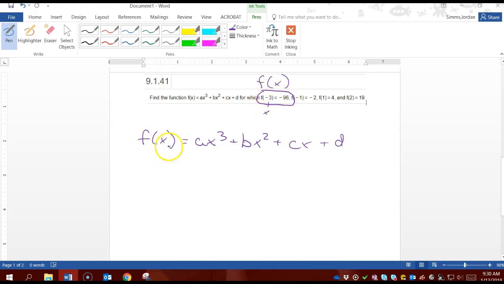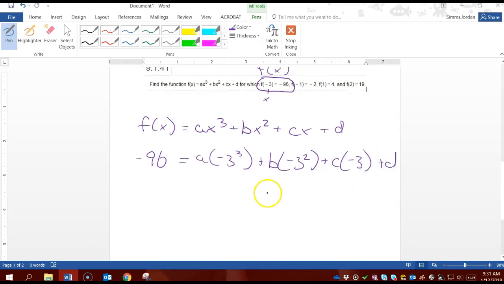F of x, or f of negative 3 in this case, is negative 96, so we'll put that in for our solution. Now, I don't know what a is, but I know what x is. X is negative 3, so that's a times negative 3 cubed plus b times negative 3 squared plus c times negative 3 plus d.